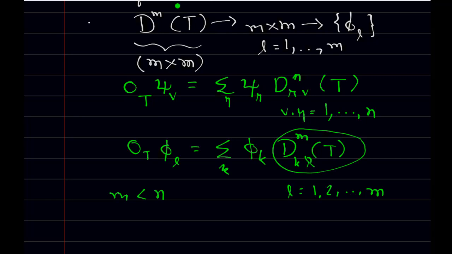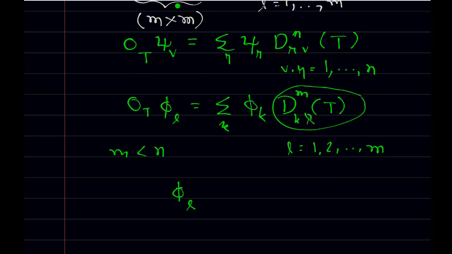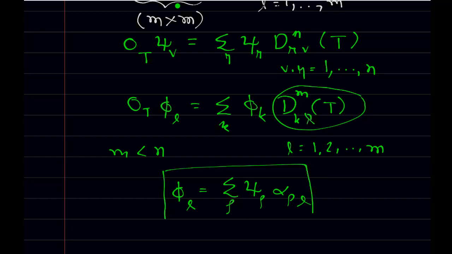So if this is possible, that means I can always express the smaller basis set phi L as a linear combination of the larger basis set, and let the coefficient be alpha rho L. Did you understand this part? That is why I was able to write the smaller basis set in terms of the larger basis set.